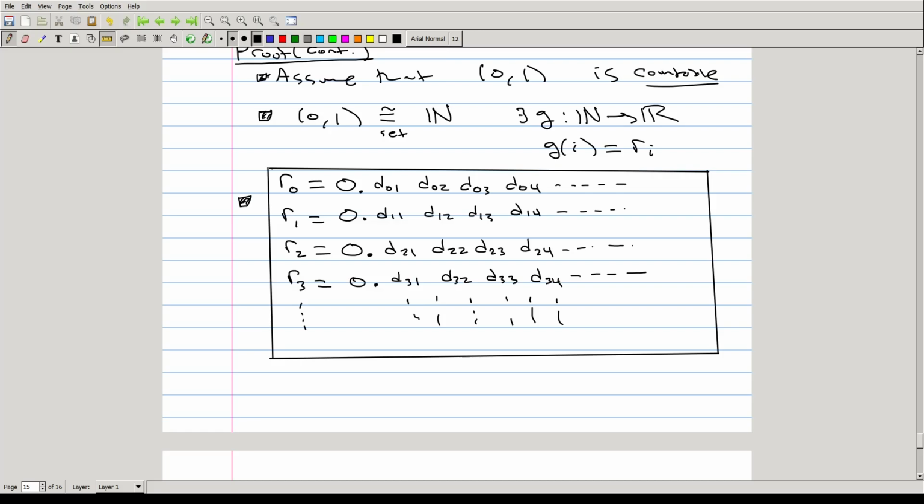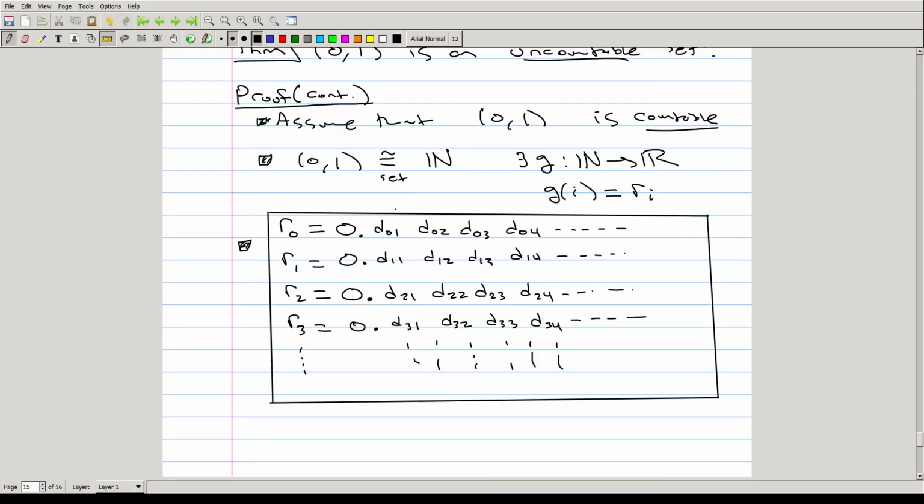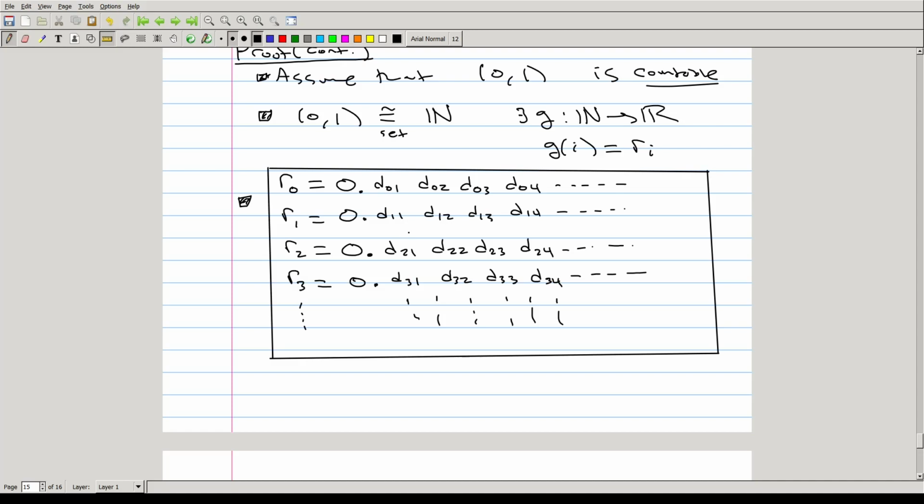So the idea here is we're doing a proof by contradiction. If we can find a contradictory statement in what we've done, then we've effectively proven the opposite, that (0, 1) is an uncountable set.